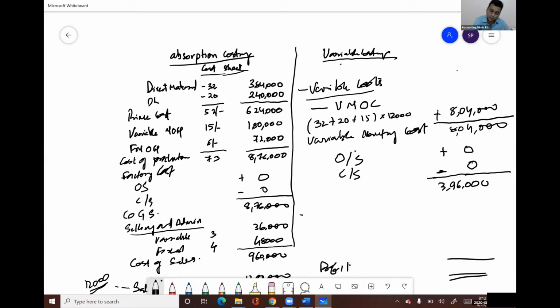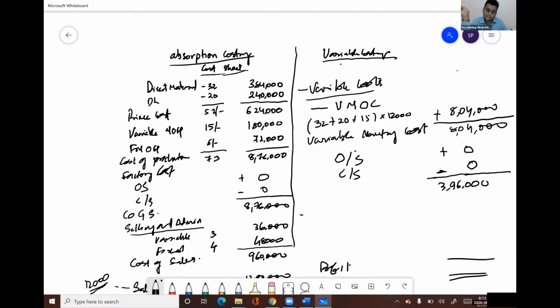No. Do you have any closing stock here? No. If you have any opening stock available in your manufacturing factory, like work in progress, they will mention it. Did they mention it in the question? No, sir. So I have taken it 0. Did they mention any closing stock available? No. So I have taken 0. Right, Nitya?